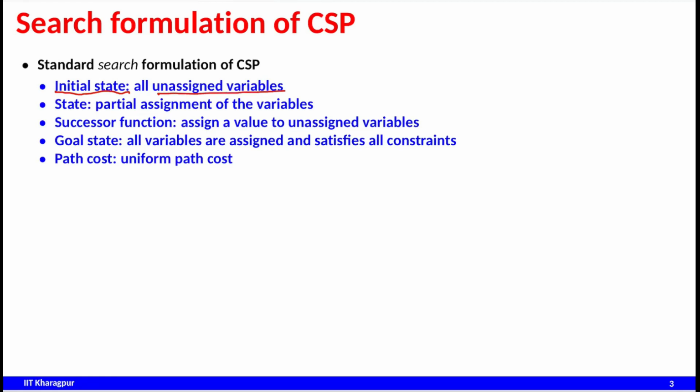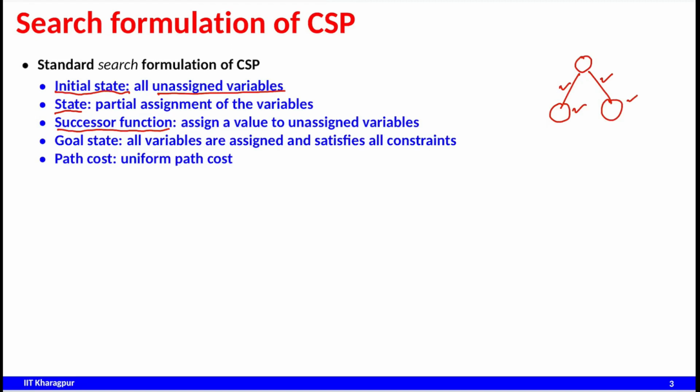Second, we define the state, which will be the partial assignment of the variables. Then we define the successor function. That means from a state, how can I generate the next state? On what variable can I choose a particular value, and if I choose this one, what new state will I reach?